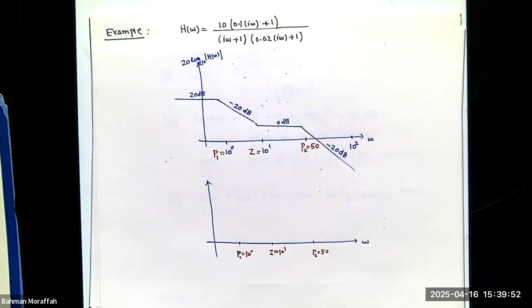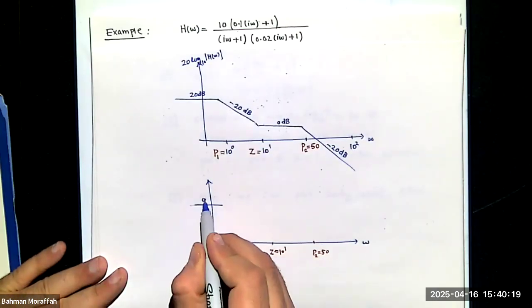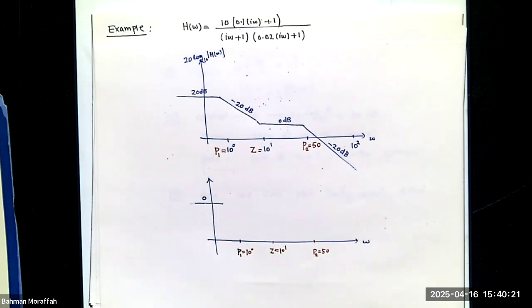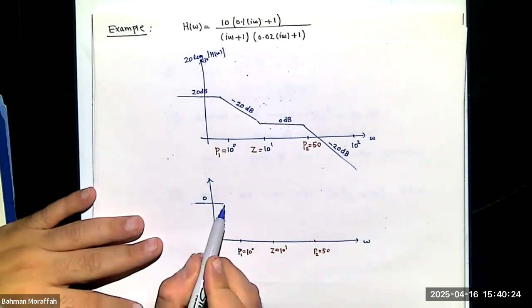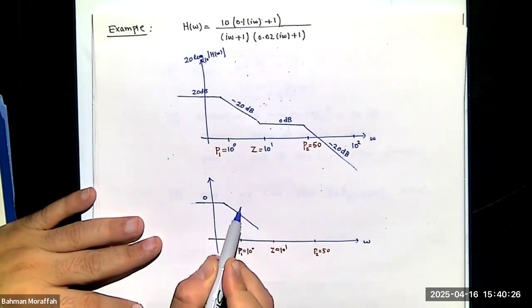So approximately the way it works is that for around this point, which is my pole, I have to go 45 degrees down. And for around this point, which is my 0, I have to go 45 up. So I'm going to start at 0 because that's my K. Then for around this point, I'm going to go down by 45 degrees.